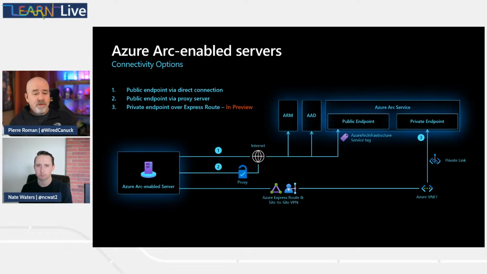And currently in preview, we have private endpoints over ExpressRoute, meaning once that becomes GA, and you can start using it now if you're testing it, it provides a very robust and secure way of connecting your servers from wherever they may be to your Azure environment using that secure tunnel, because ExpressRoute is really just like an MPLS segment terminated both at your end in your data center and at our end in our data centers.